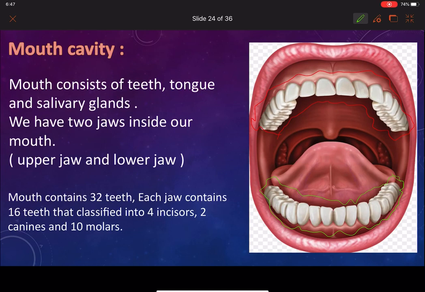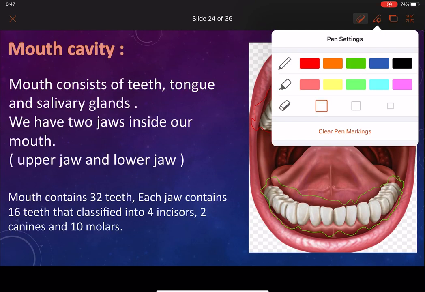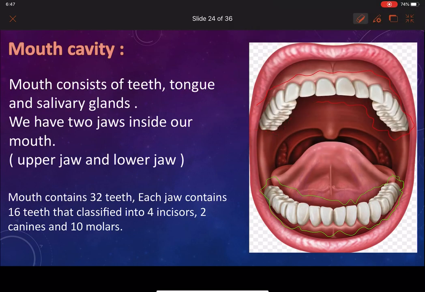Each jaw contains 16 teeth that are classified into 4 incisors, 2 canines, and 10 molars.